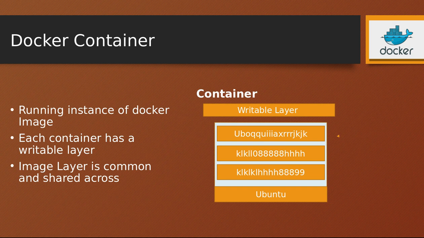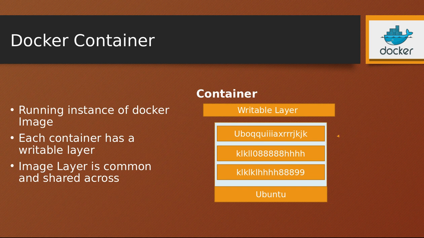Everything you set up as part of your Docker image, and while running it, those image layers are utilized, as well as whatever changes you make at runtime are written to a writable layer. So a container will have a read-only layer, which is the base definition you define, and over that it will attach a writable layer. So every time you start a container, it will have a writable layer attached to it.